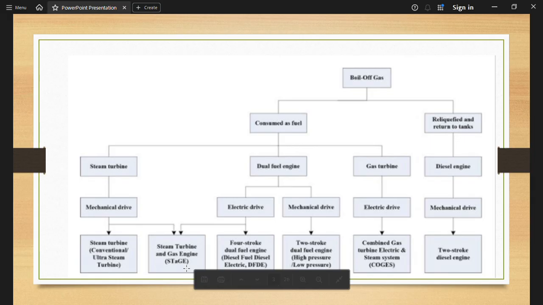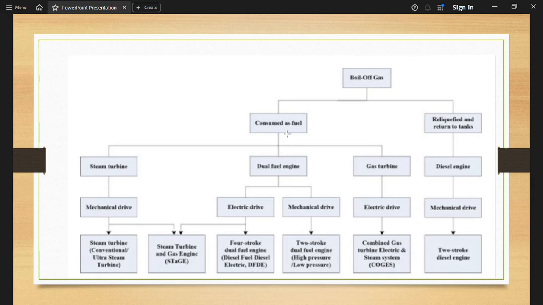Now when we are using it in a dual fuel engine, either we will have electric drive, that is 4-stroke dual fuel diesel electric, DFDE, or we will have dual fuel engine as mechanical drive, 2-stroke dual fuel engine, high pressure and low pressure.